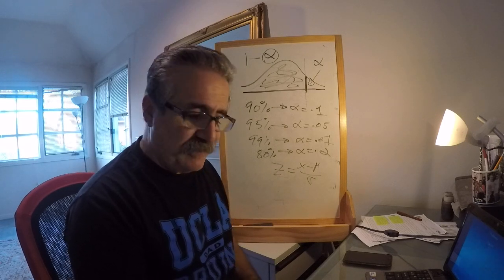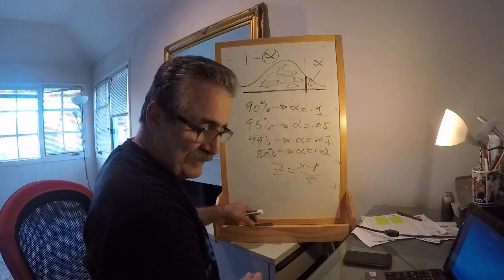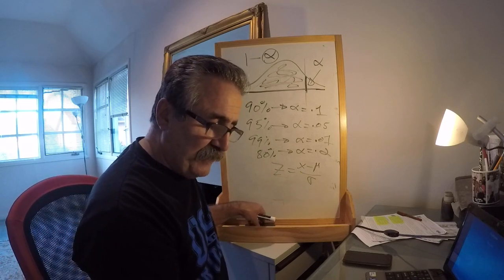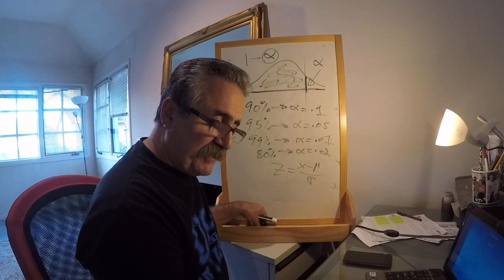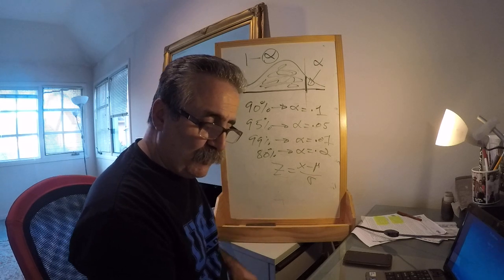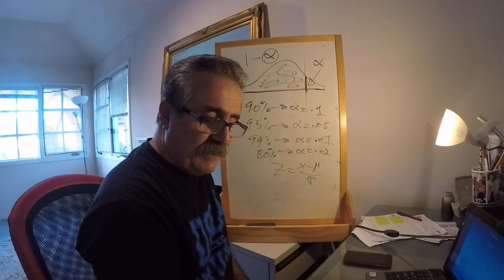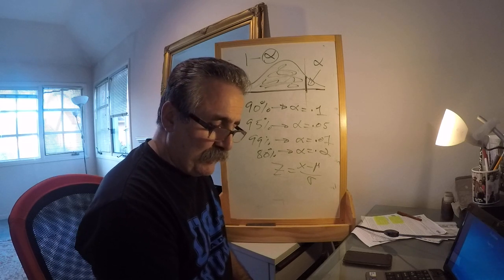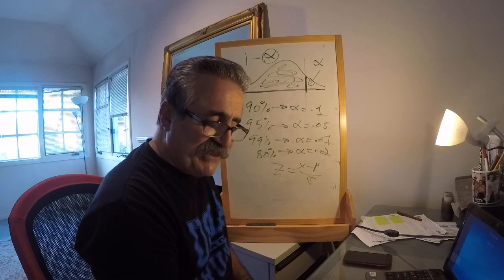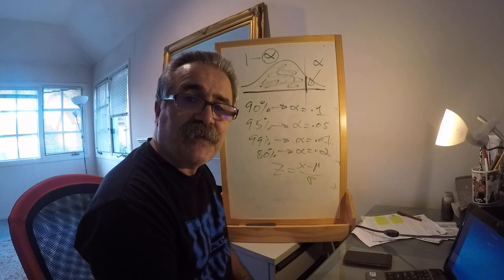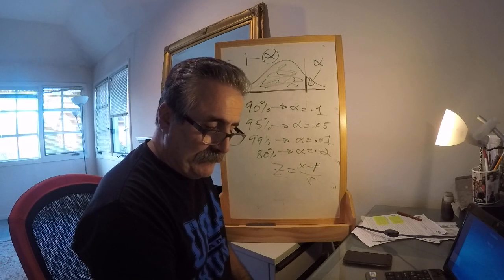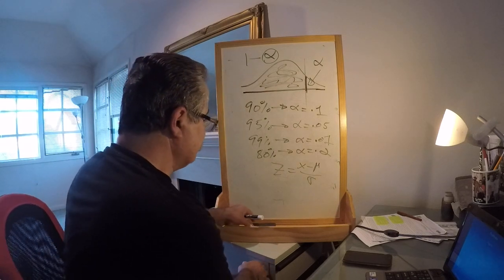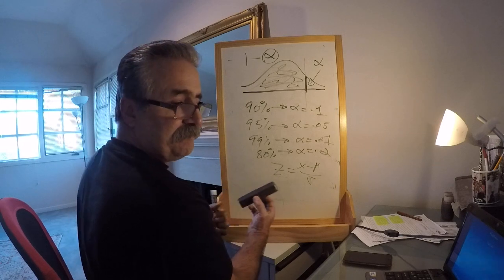Problem number 7 for 11th edition users, page 356. For 12th edition users, page 390. For 13th edition users, page 395. Problem number 7. So I want you guys to go ahead and read the problem, please.